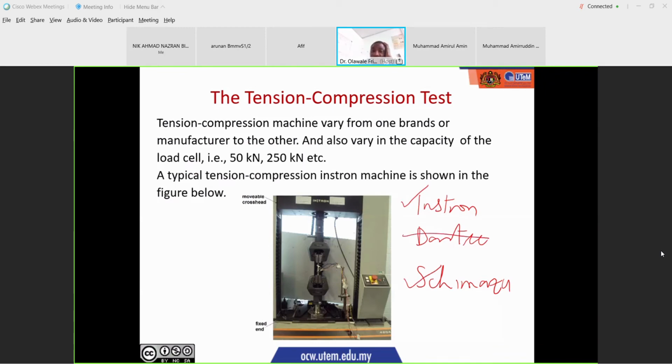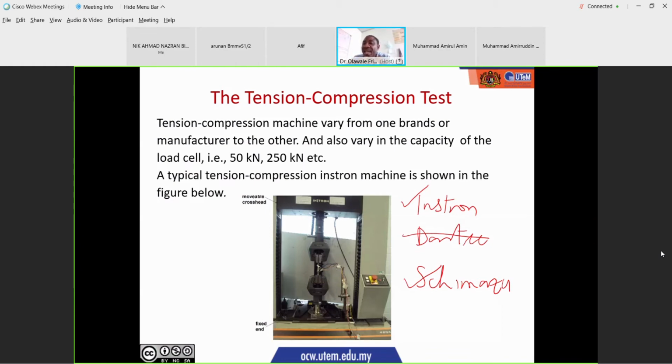So like I said, this machine varies from brand to brand. Some of you are using iPhone, some are using Samsung, some are using Oppo, some are using Huawei. So it's the same thing with the capacity of the load cell. The load cell will tell you the maximum limit. This load cell varies. I think we have 250 kN in the material testing lab, we have Shimadzu of 100 kN, and we have a 600 kN Instron in the mechanical paper lab.